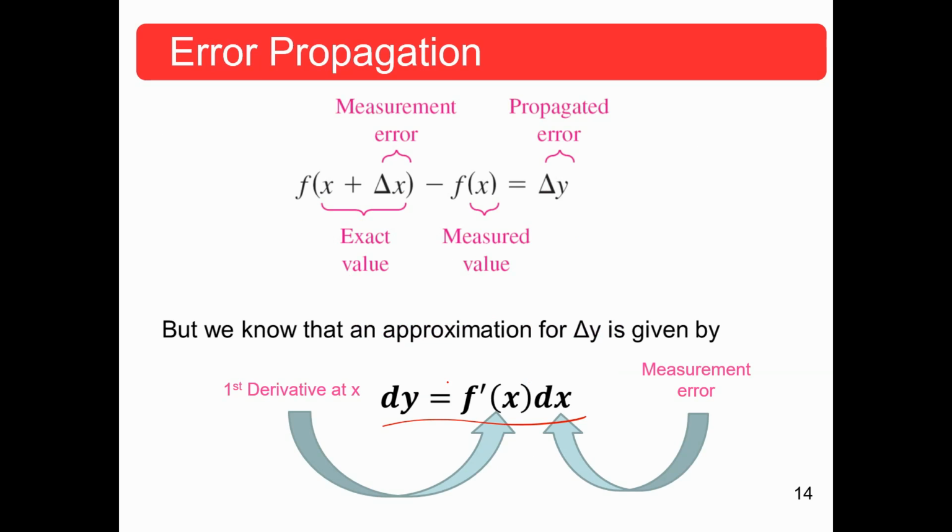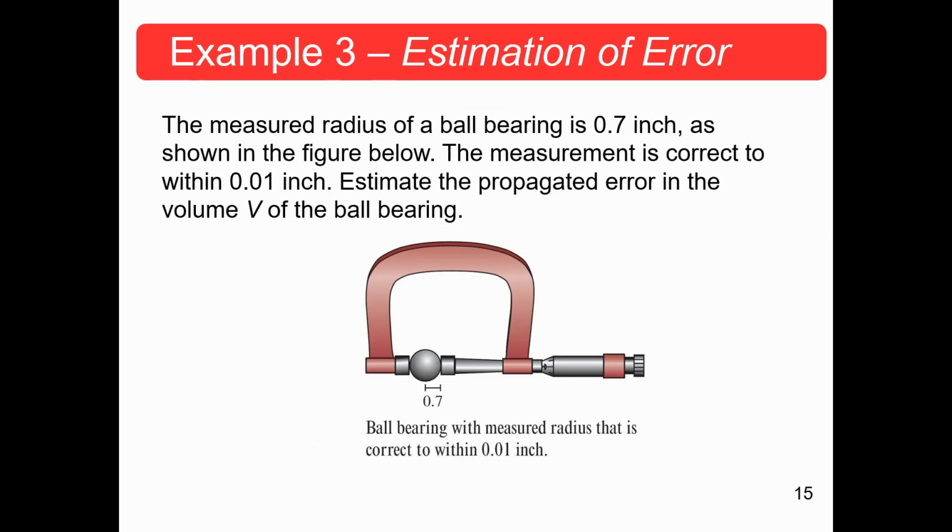So check this. If we want to find dy, we take the first derivative at x and multiply it by the measurement error, okay? So you take the derivative, evaluate it at the measured value of x, and then multiply by the error value.